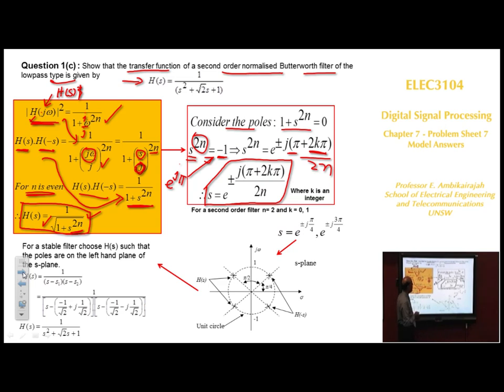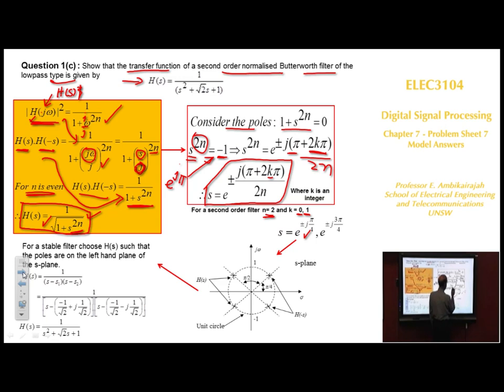Now we know we are only looking for a second order pole. That's what the question was. So all we need to do is substitute k equals 0 and k equals 1, which will give you the required poles. When you substitute k equals 0, you get j pi over 4, that's the first one, and n equal to 2, remember?